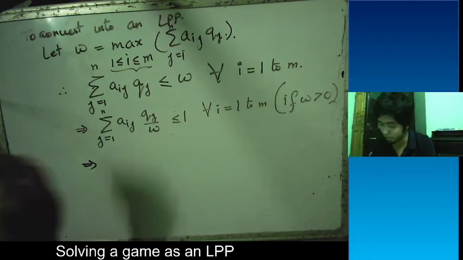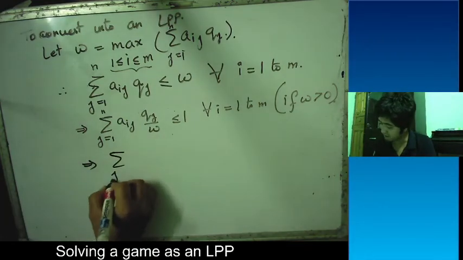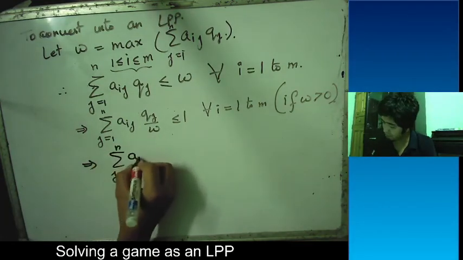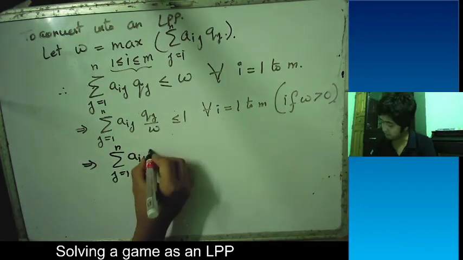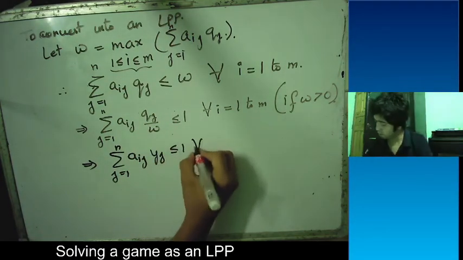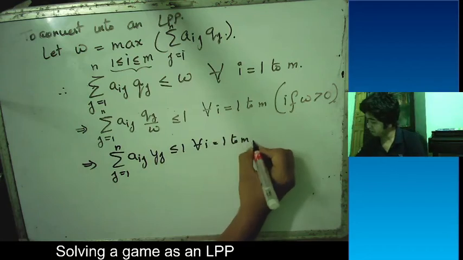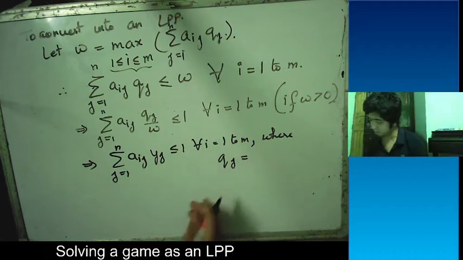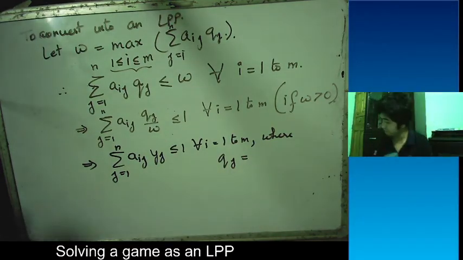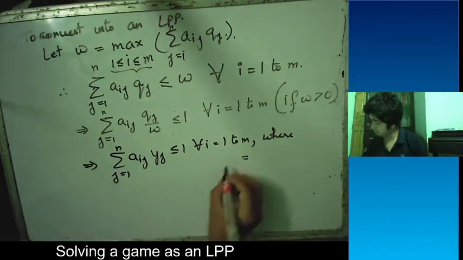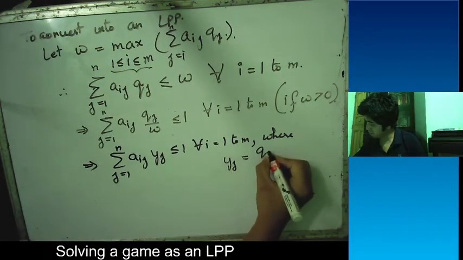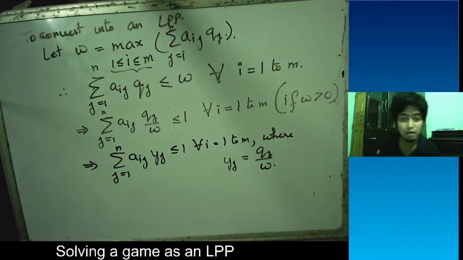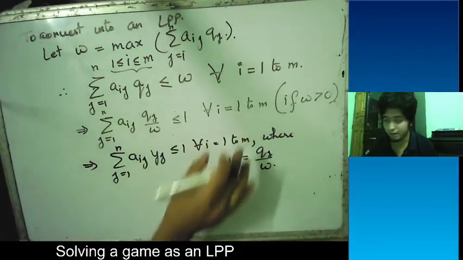We have already used Xi, so over here we can use Yj, for all i equal 1 to m, where Yj equals Qj by W.